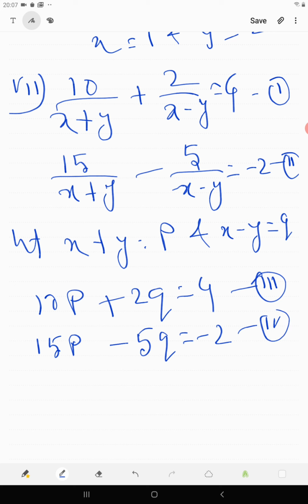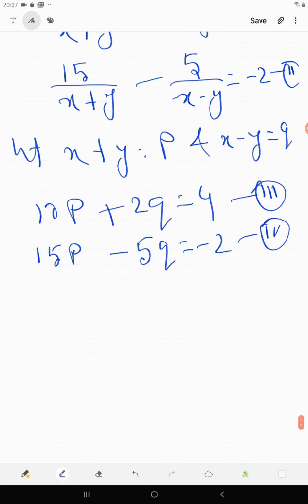This is our equation 4. Okay. Now we need to solve it, and after solving, you can apply any of the methods, of course. After solving, what we will get is p equals 1 by 5 and q equals 1.